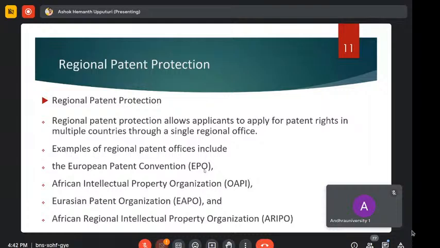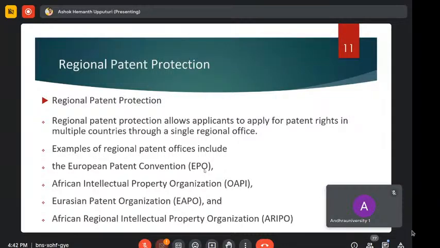So you need not go for PCT or conventional. If 4 or 5 countries belong to this region, you can use the regional patent office. These are some examples: the European Patent Office, African Intellectual Property Organization, Euro-Asian Patent Organization, and African Regional Intellectual Property Organization.